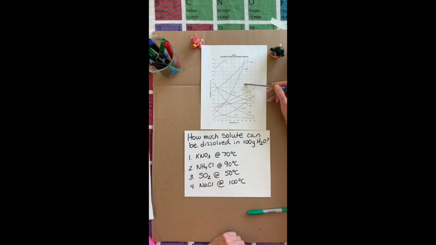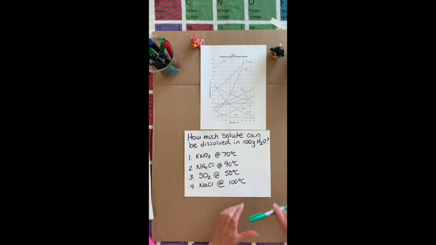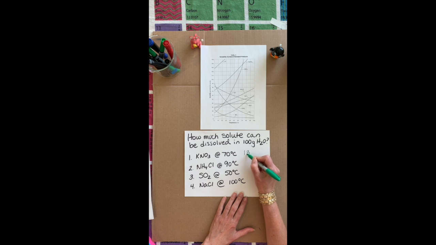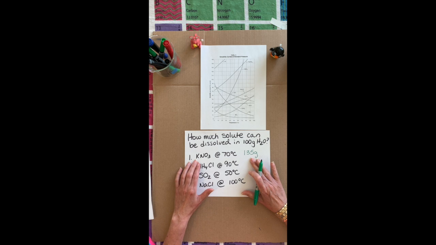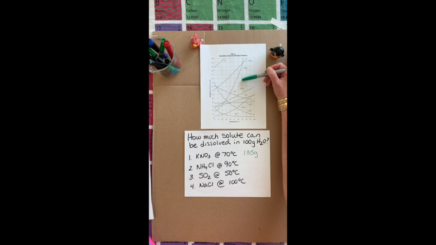We're going to go up and read across, and we're looking at approximately 135 grams of potassium nitrate can dissolve and create, by the way, a saturated solution.